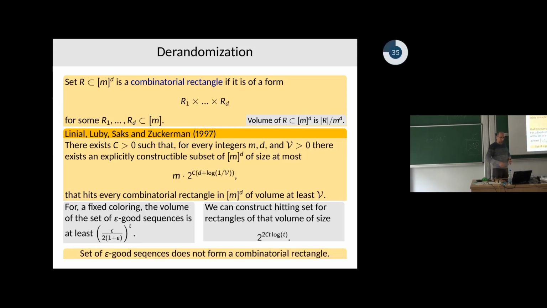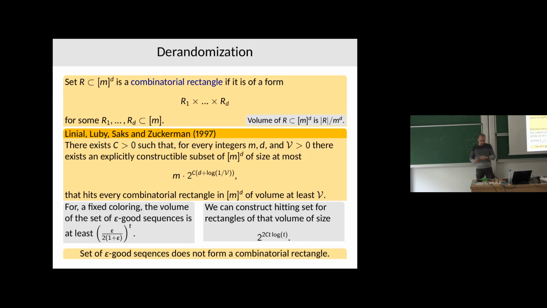But unfortunately, it's not true. Epsilon good sequences do not form combinatorial rectangles. Maybe they can in some very, very specific colorings, but in general, they don't. So this result cannot be directly applied.